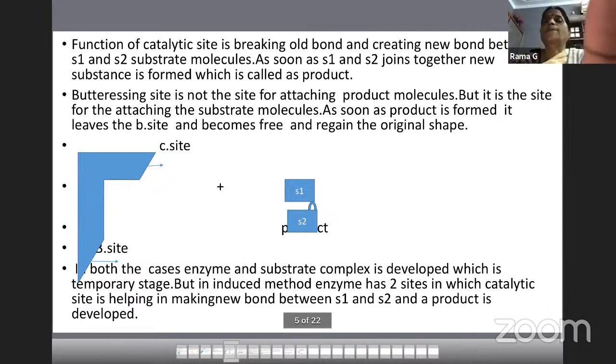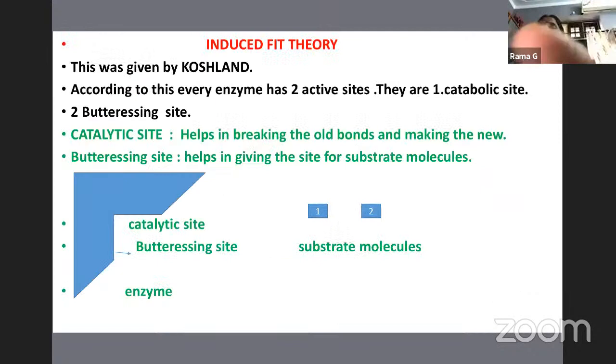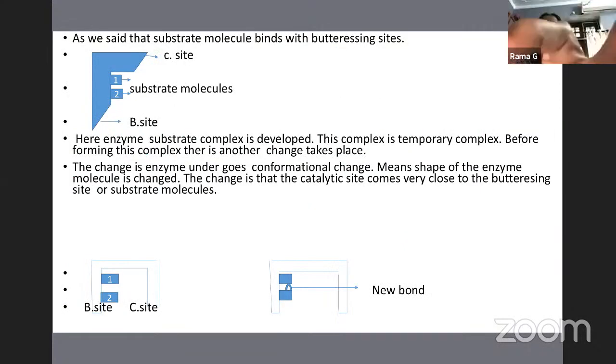So in this way, enzymes act with the substrate molecules in giving the end products. This is the second hypothesis or second mechanism, laid by Koshland. According to him, there are two active sites: one is the catalytic site, the other is the buttressing site.